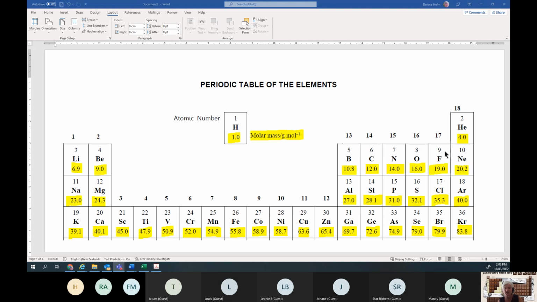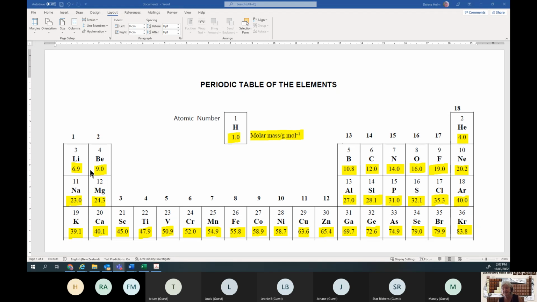So for instance, there's only 1 isotope of fluorine, so it's 19.0. There are 2 isotopes of oxygen, but 99.9% of it appears as oxygen 16. So it has a molar mass of 16.0. Very, very little of it is the other isotope of 18.